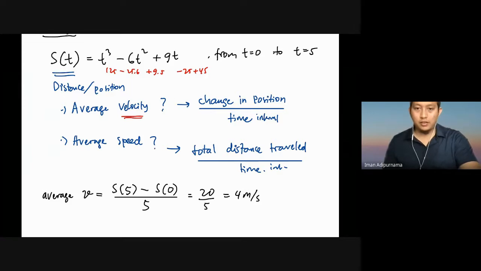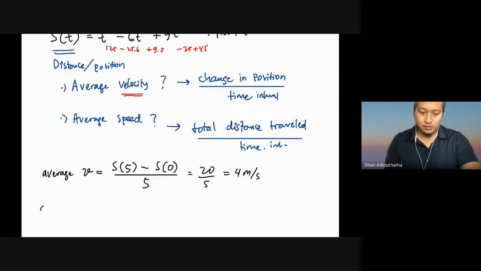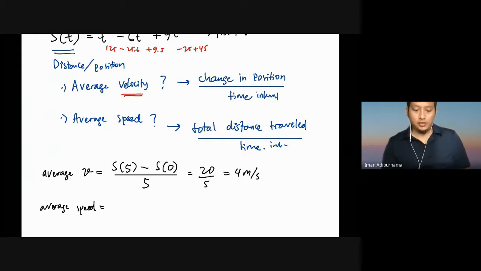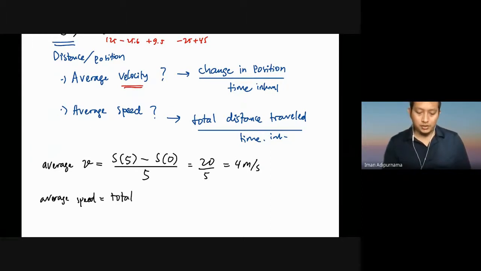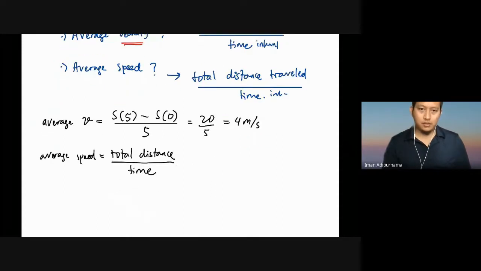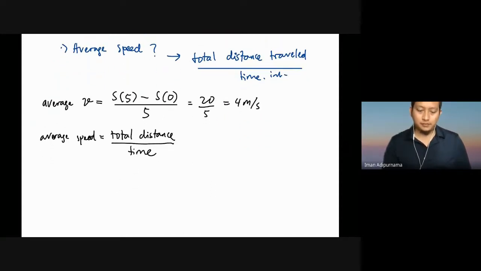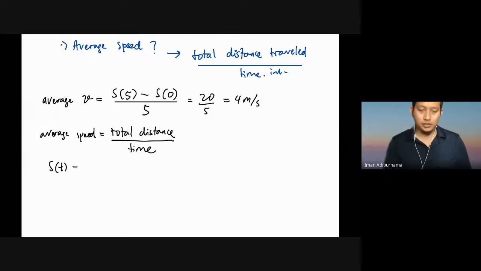Now let's see the average speed. It's the total distance divided by time. Now we are looking at these equations, t cubed minus 6t squared plus 9t.